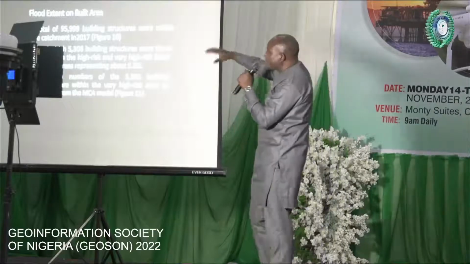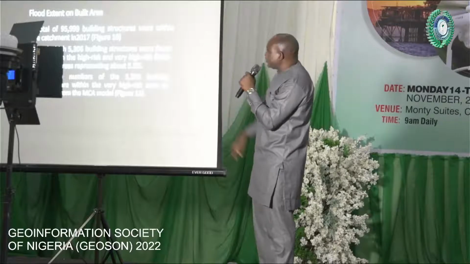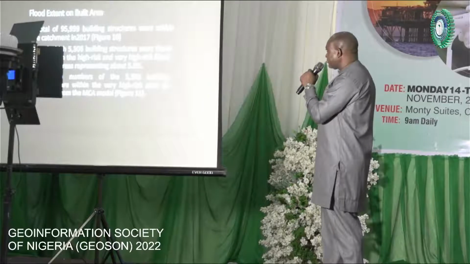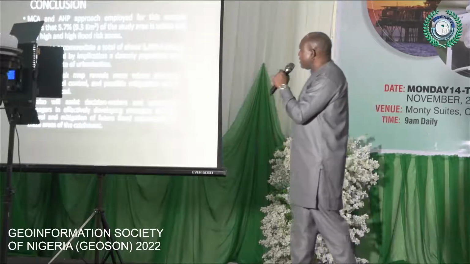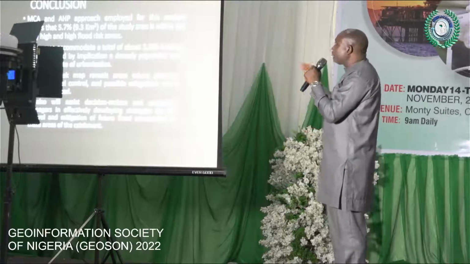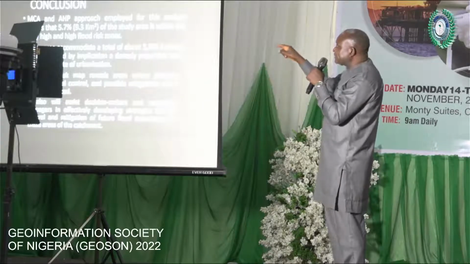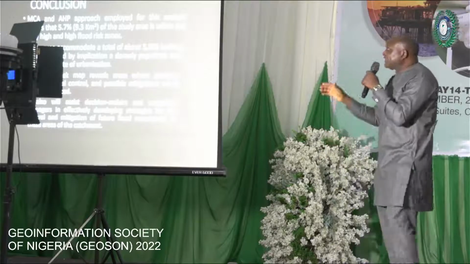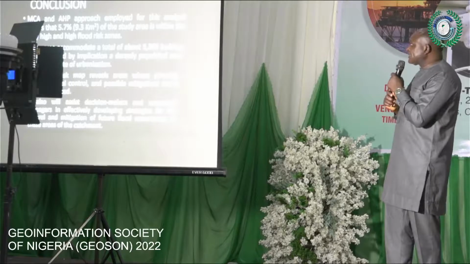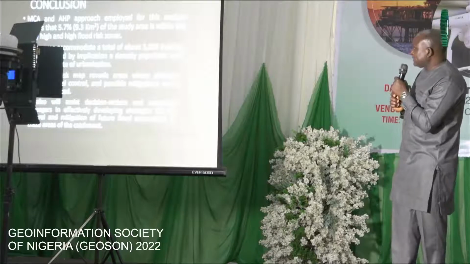So out of the buildings within the area, about 5.5%, that's 5,306, are at high risk of flood. Multi-criteria analysis and AHP approach employed for this analysis show that 5.7, which is within 9.3 kilometers of the study area, is within a very high risk and high flood risk zone. These areas accommodate a total of about 5,306 buildings.